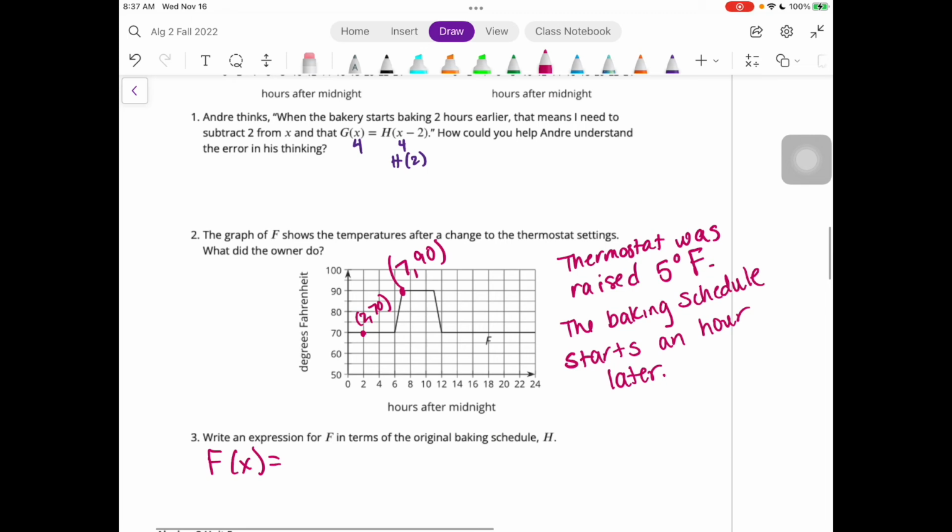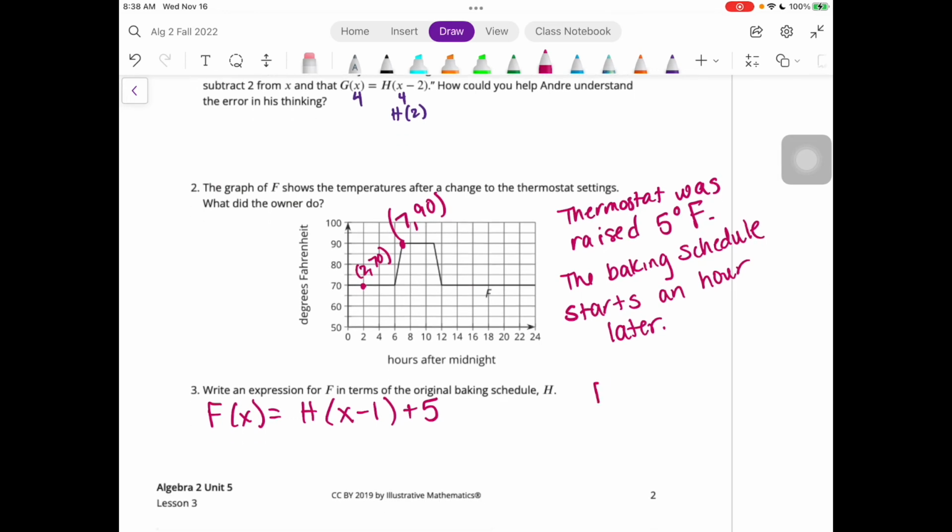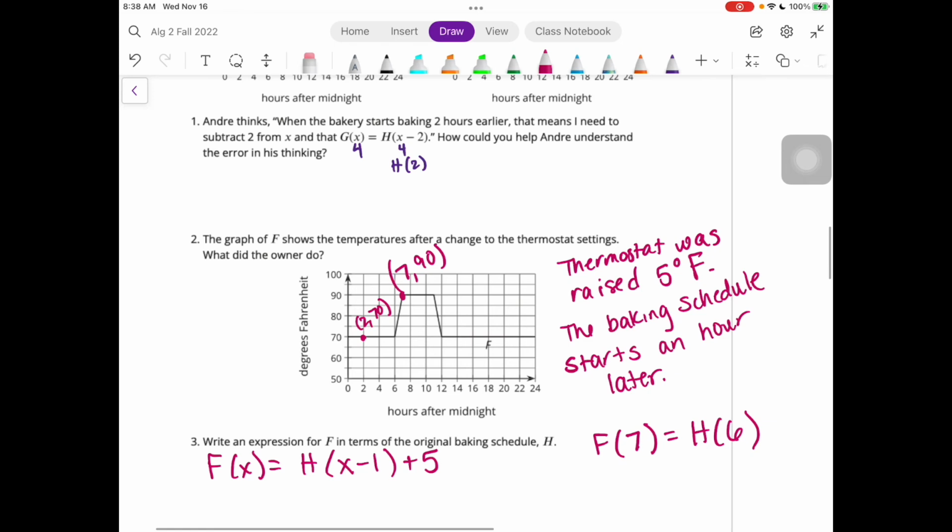So that means that we are subtracting 1 from x, and we are adding 5 to the output, right? Because remember, f of 7 is equal to h of 6, right? Because that's when the ovens got turned on. F of 7, well, really plus 5, because this was 85 and that's 90.